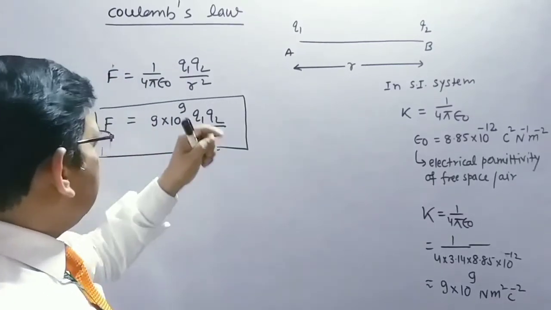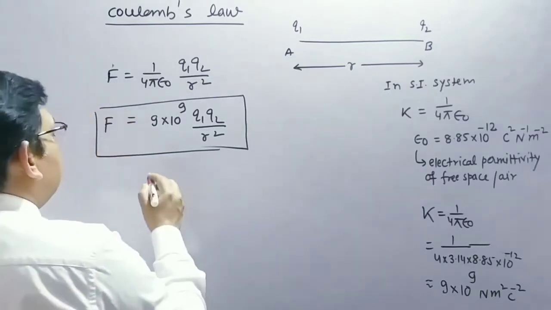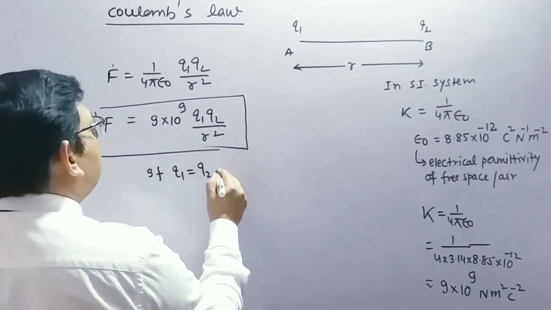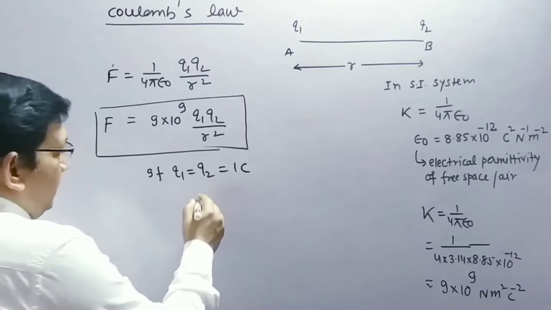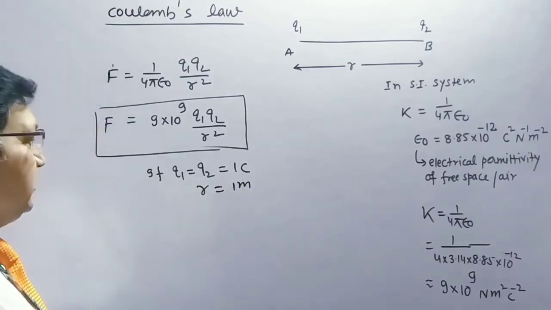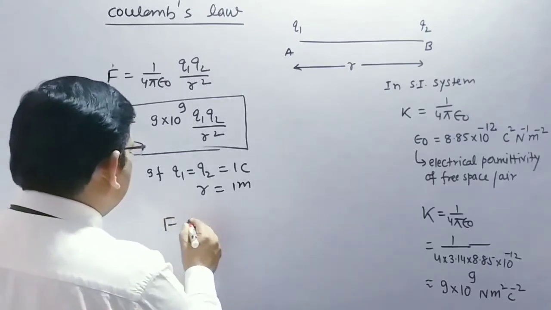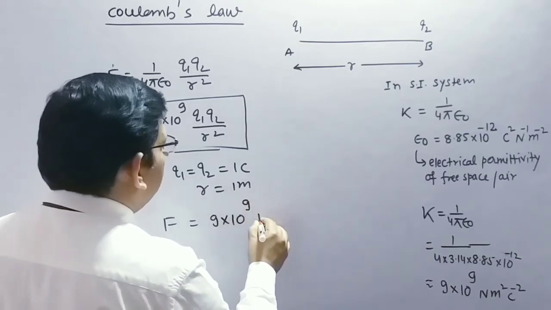From this expression, we can also define what is 1 coulomb. Let's see. If Q1 is equal to Q2, say 1 coulomb, and take R equal to 1 meter, then the force can be written as 9 into 10 to the power 9.